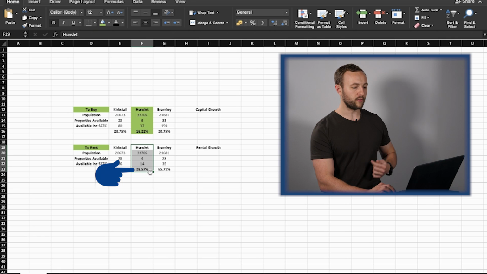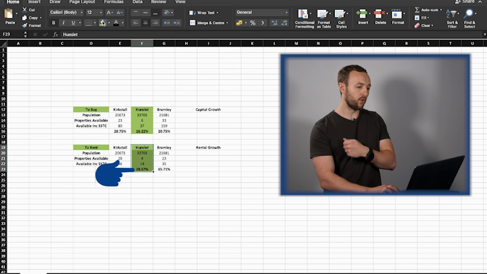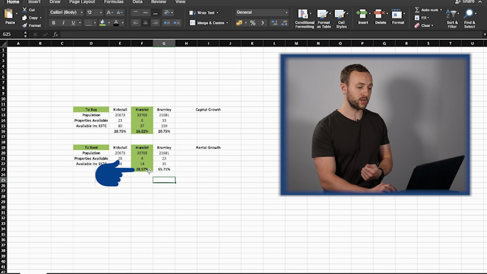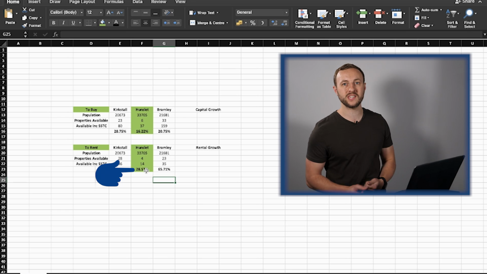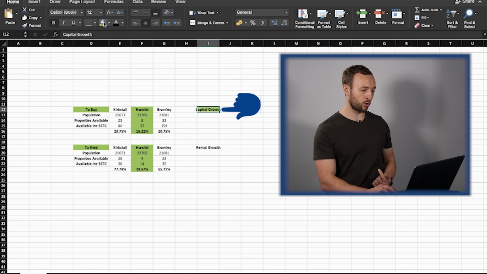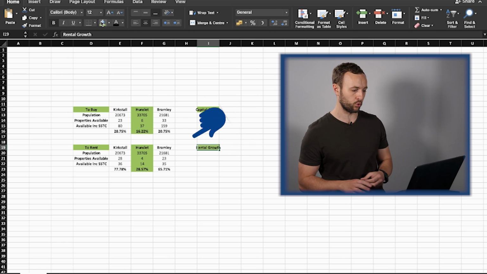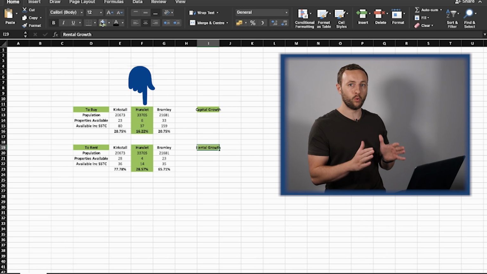There are only 4 properties out of 14 in that area that are currently available, which means 72% of properties in the area have already been let. And remember, they come off very quickly. So from a capital growth perspective and a rental growth perspective, both potential, Hunslet is a clear winner.